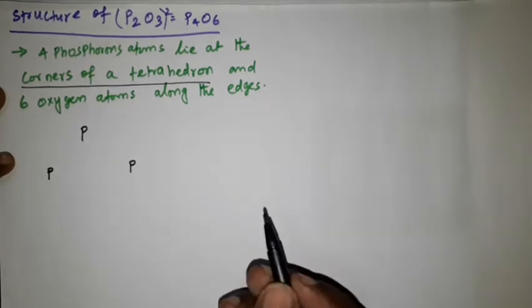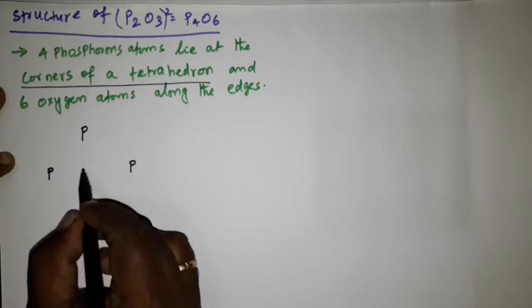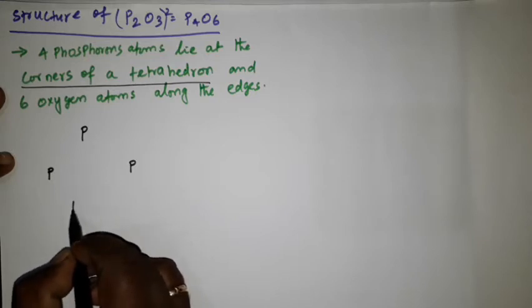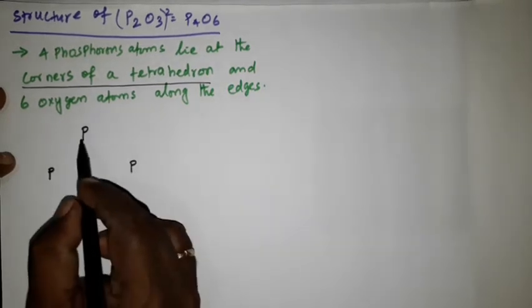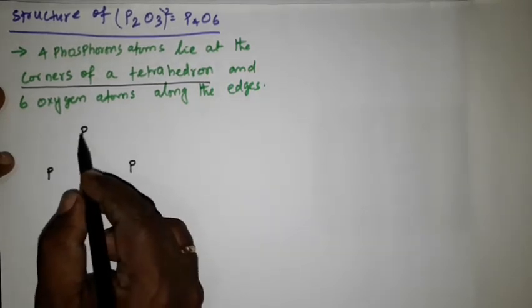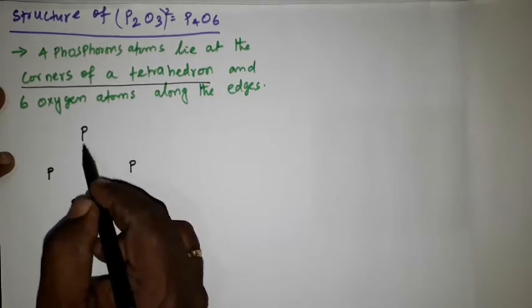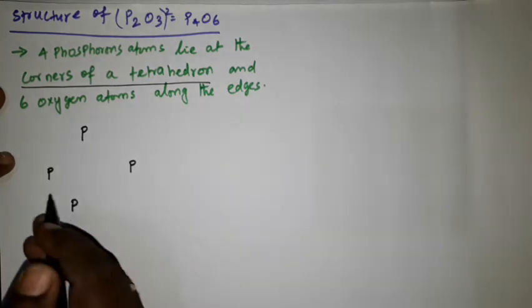Opposite the top phosphorus atom, don't put the phosphorus straight, just move slightly left. The horizontal must be a straight line, and the bottom phosphorus should be slightly to the left-hand side.